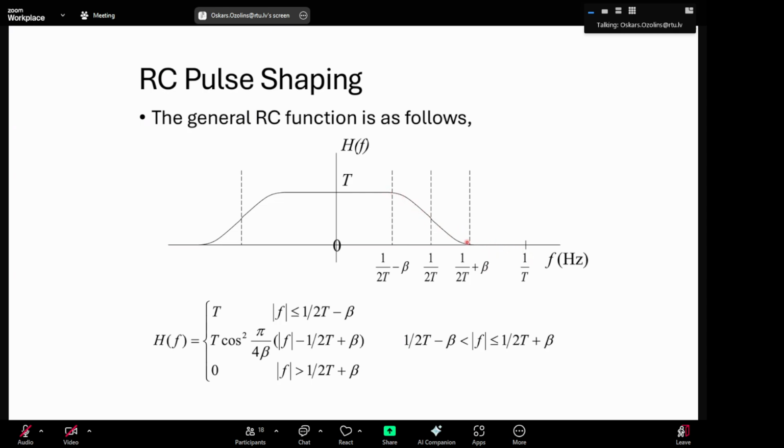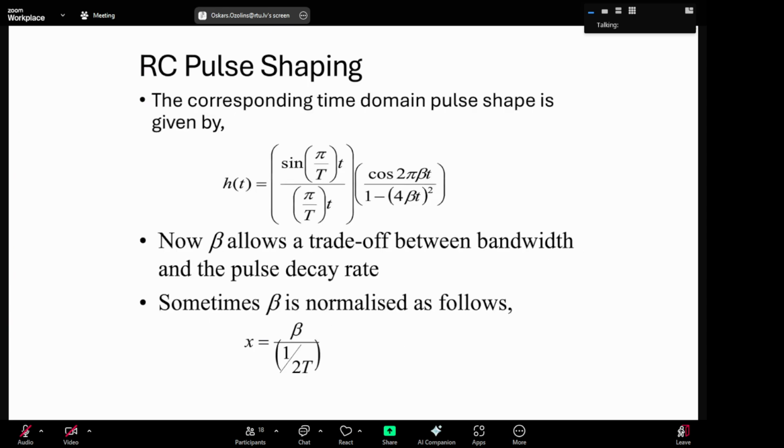So we try to optimize this in the frequency domain, and then you can also get the corresponding time domain impulse response.